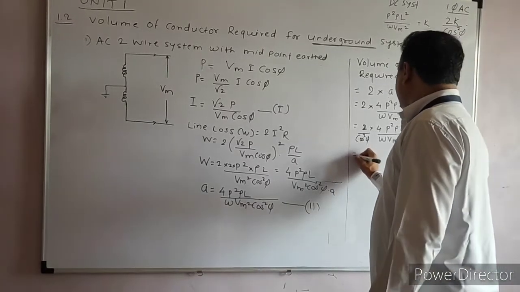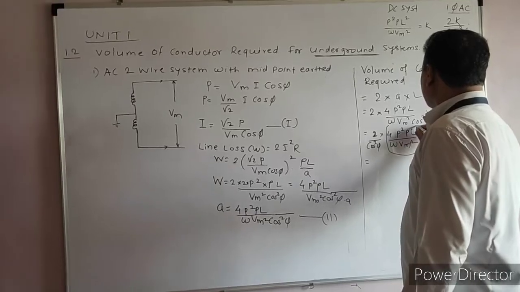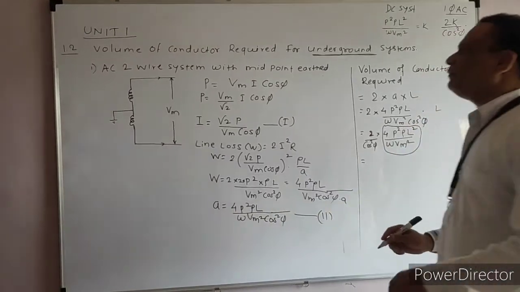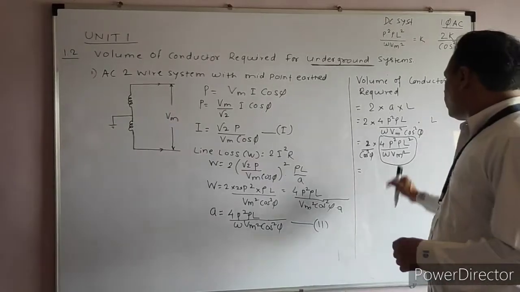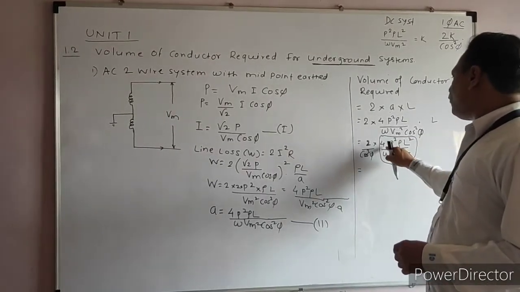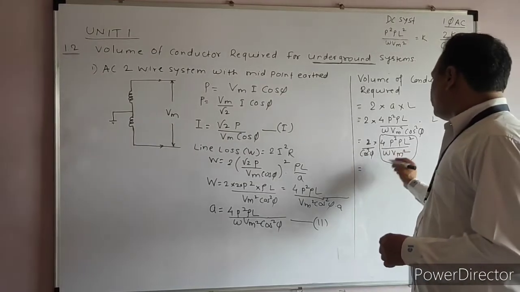So what I get is, according to our formula for DC 2-wire with midpoint earth, our benchmark was K, where the value of K was 4 P² ρL² upon W Vm².